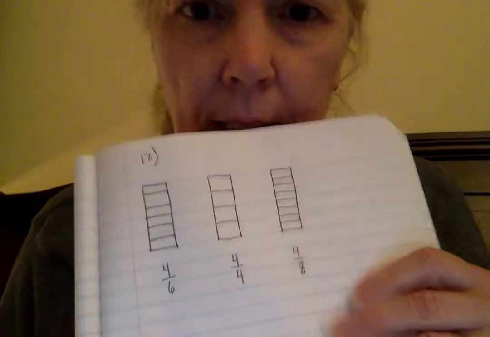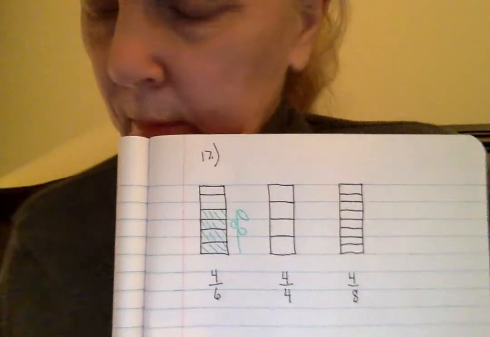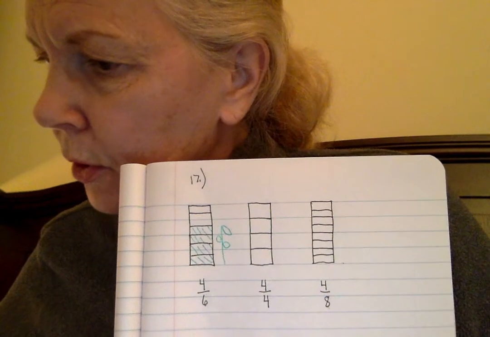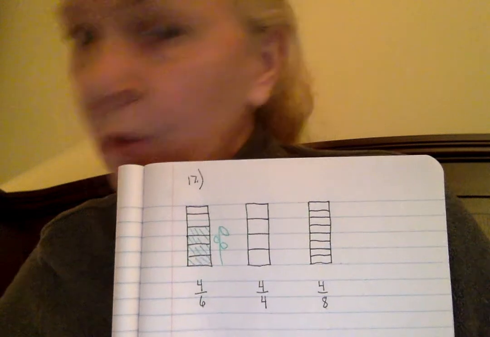So I drew a picture, and here is the first plant, and it is 4/6, so that's 1, 2, 3, 4/6 of a foot.